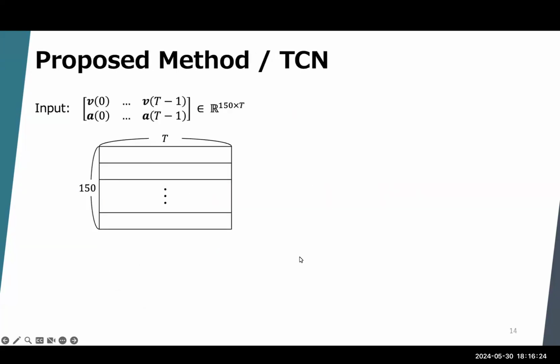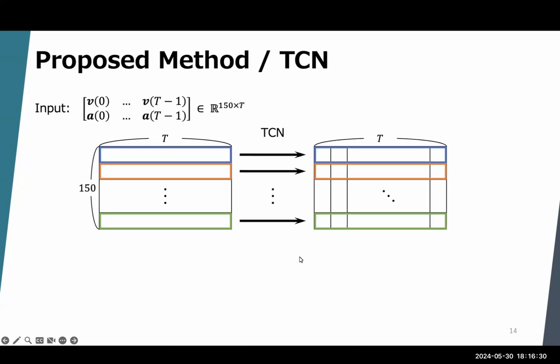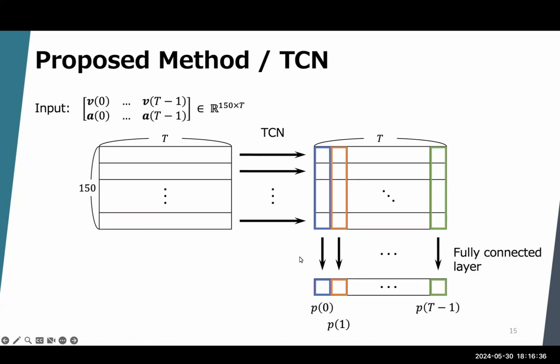Our input is a 150 times T matrix combining the visual and auditory features. We apply the TCN independently to each row of this input matrix. The output obtained from the TCN is passed through a fully connected layer to obtain the segmentation probability, P_t.